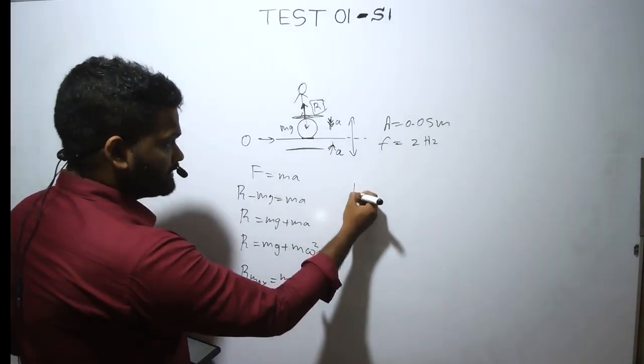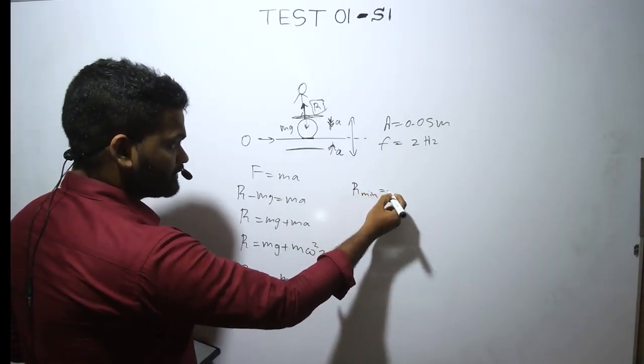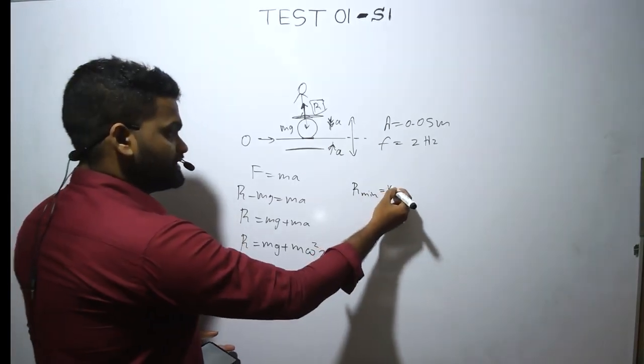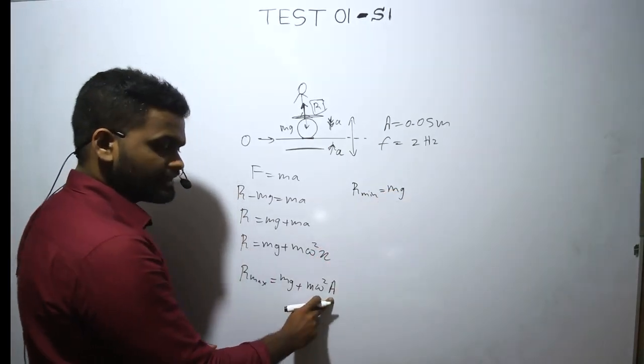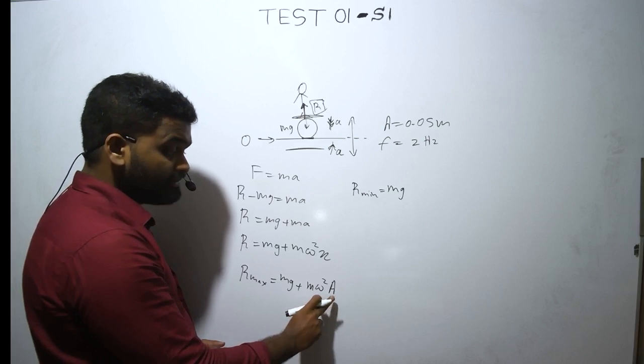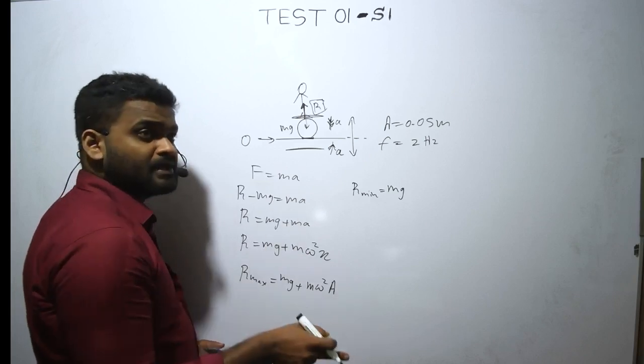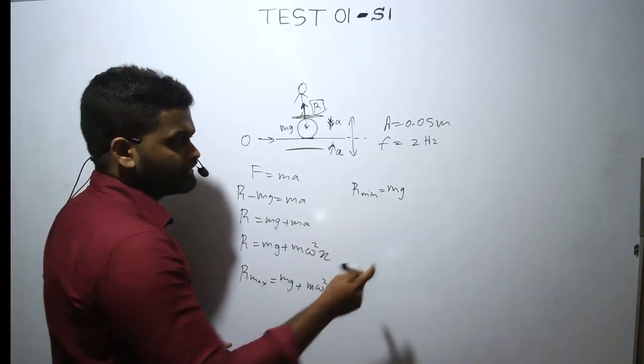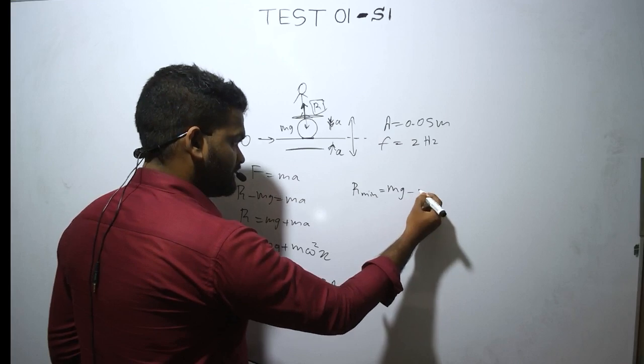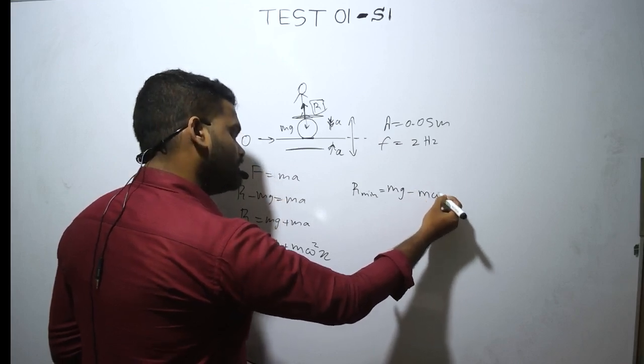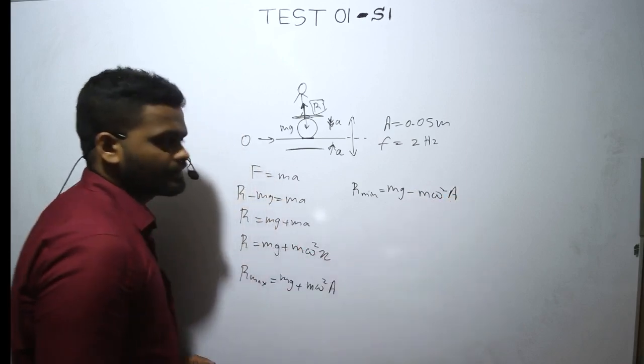Then R min should be what? Mg, if you substitute the minimum value of x. Minimum value of x is minus A, right? So it's going to be Mg minus M omega squared A. Correct?